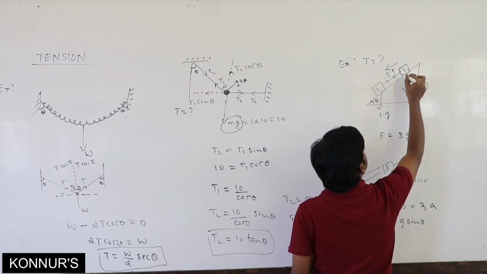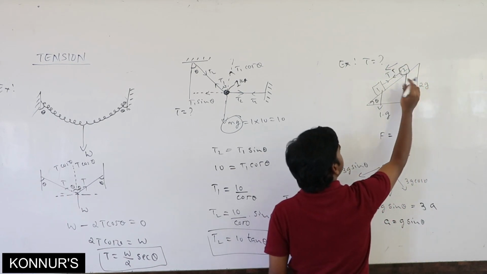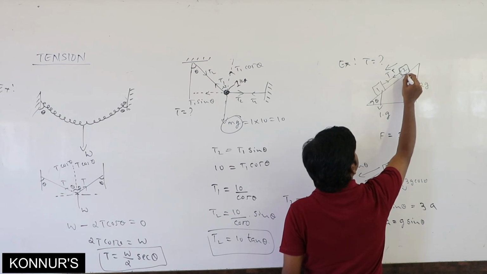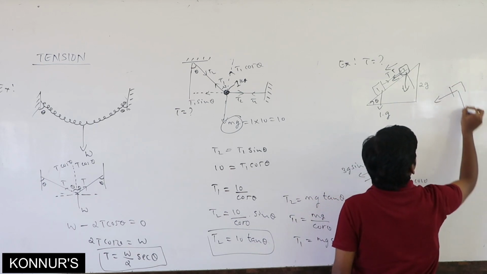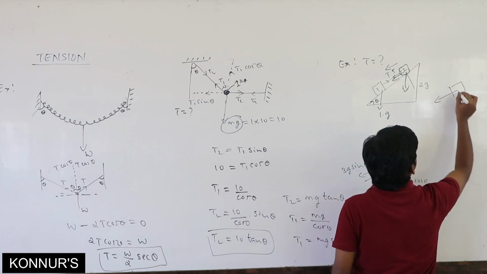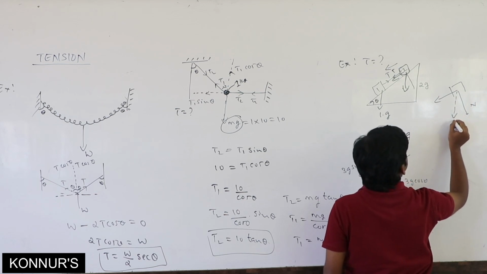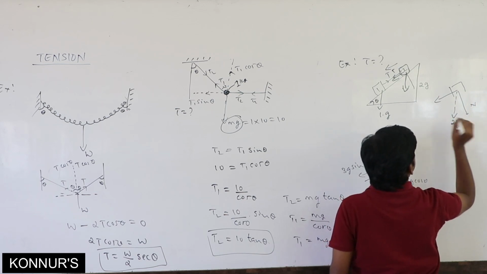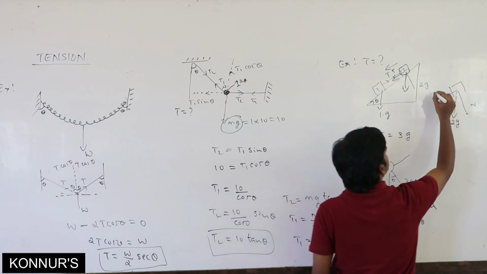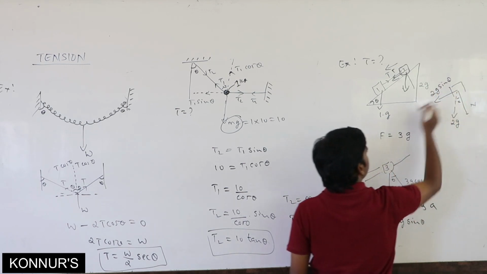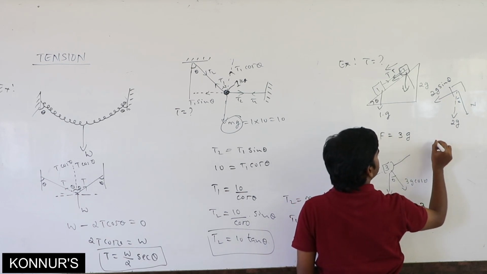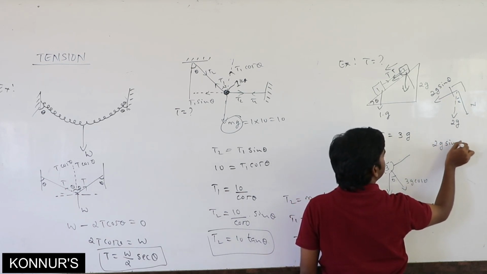If I separately take this body, here we are getting 2g, so this will become 2g sin theta. So the force in the forward direction is 2g sin theta.